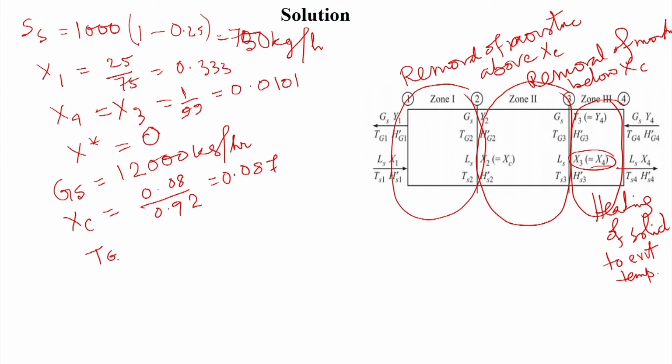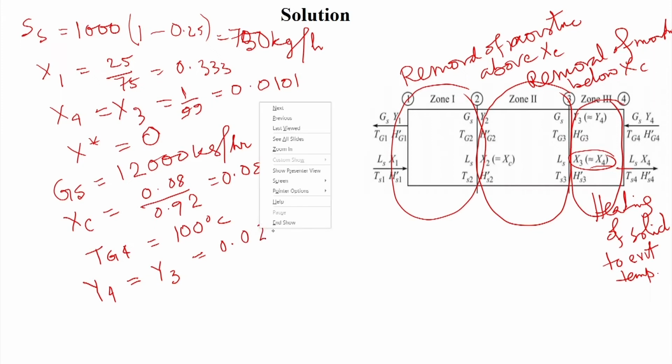T g 4 is given as 100 degree Celsius, and y 4, equal to y 3, is 0.0225 kg per kg dry air.